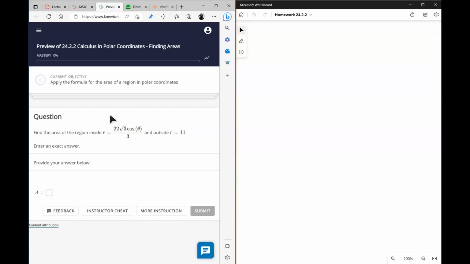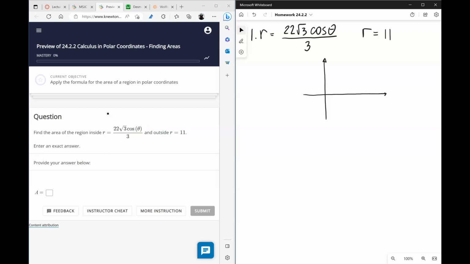So the first problem that we have is we are given a polar curve. Actually, we have two polar curves here. One of them is a circle with the center on the x-axis, so it looks like this.